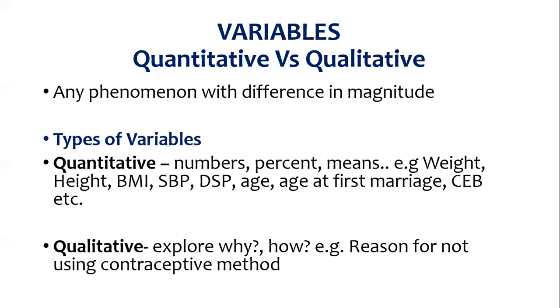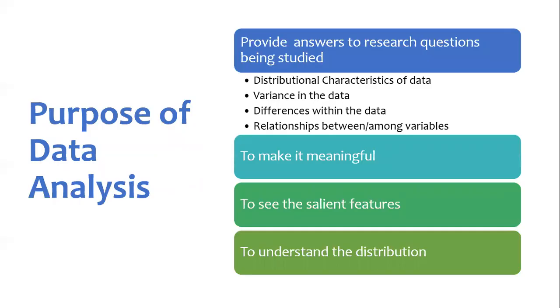So qualitative gives you a reason for using or not using a particular method, and it doesn't assign a quantitative value to it. I'm sure we will be diving deeper into quantitative and qualitative in this series, because the goal is for you to have proper understanding.